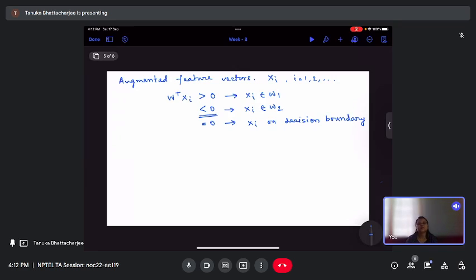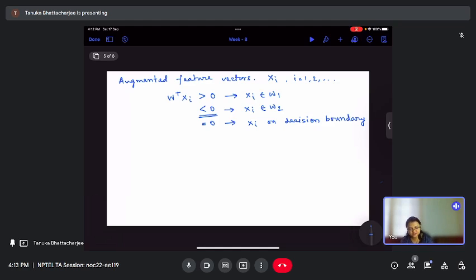Now that you have multiplied every xi of class omega 2 by minus 1, this inequality will change. So now for class omega 2 also you will get w transpose xi greater than 0.